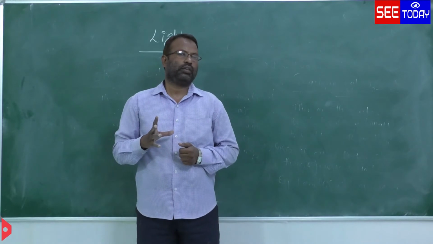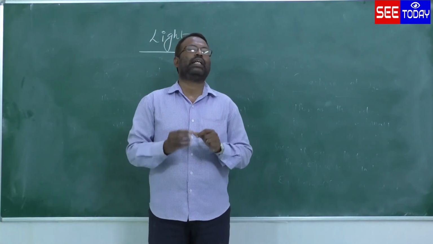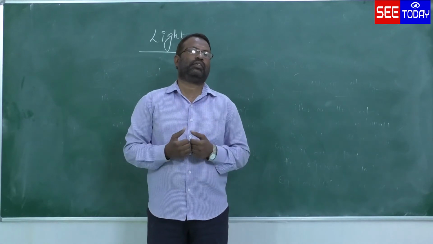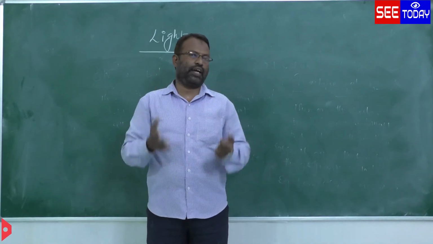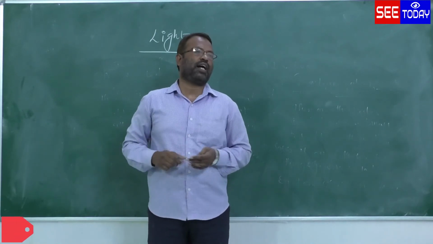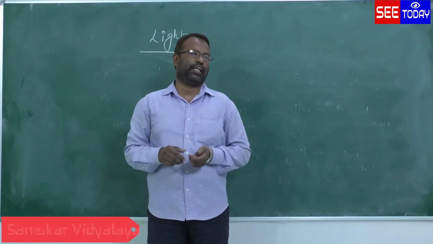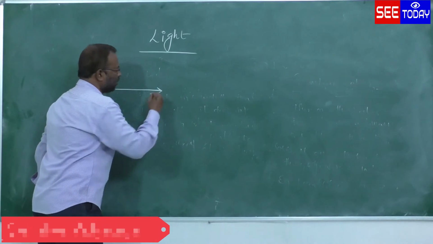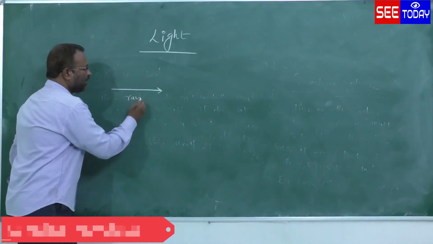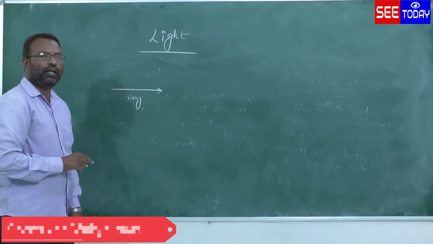How is that source of light emitting the light in this air? What are the possibilities? Any source is giving the light. For example, a single line is called a ray.